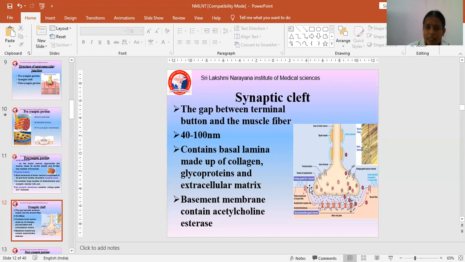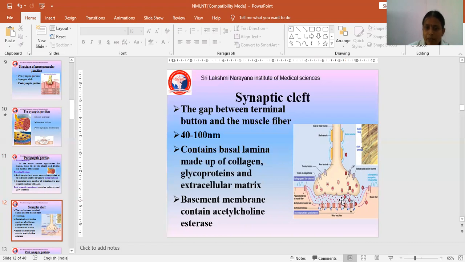The next one is the synaptic cleft. The synaptic cleft is a gap between the terminal button and the muscle fiber. In this picture you can see a gap present between the terminal button and the muscle fiber. This gap is called the synaptic cleft. The depth of the synaptic cleft is 40 to 100 nanometers.